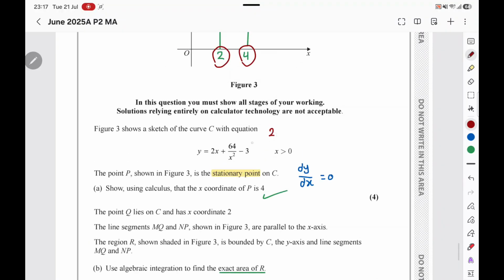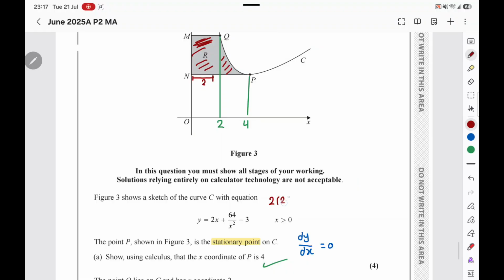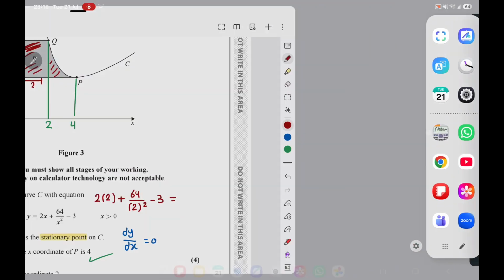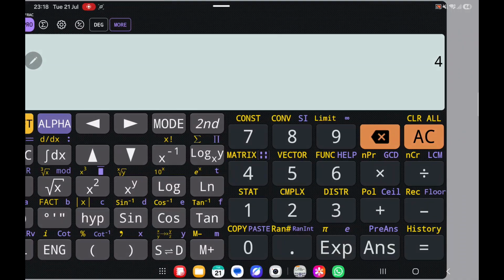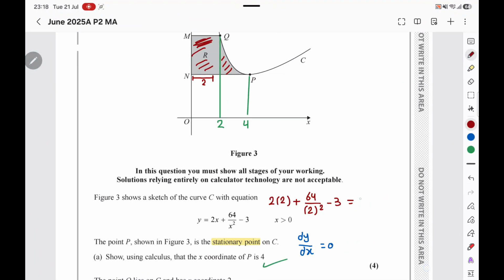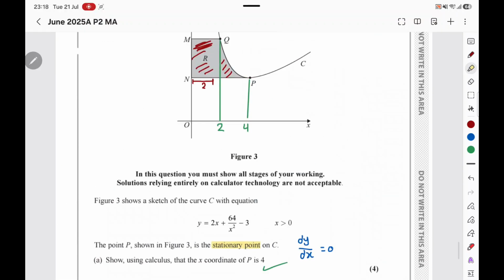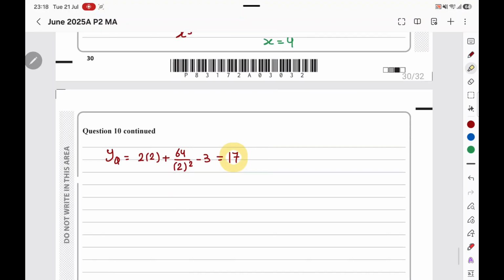Q's x-coordinate is 2, so 2 times 2 plus 64 over 2 squared minus 3. 2 times 2 is 4, plus 64 over 2 squared, which is 64 over 4, which is 16, minus 3, so it is 17. This is YQ, or you can say M.